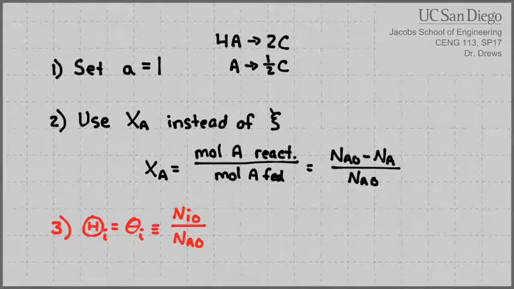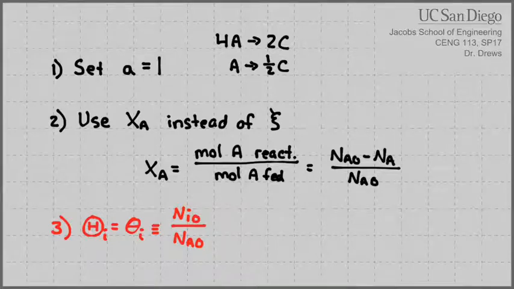It's just the ratio of whatever I started with to what I started with of A. The reason that becomes useful is more in the energy balance. This is one of those points where, as I mentioned earlier, it looks like we're overcomplicating things for no apparent reason, but it will become clearer as we go. The first two are just conventions because that's the way we write things. The third one is a new definition that will make more sense as we go.